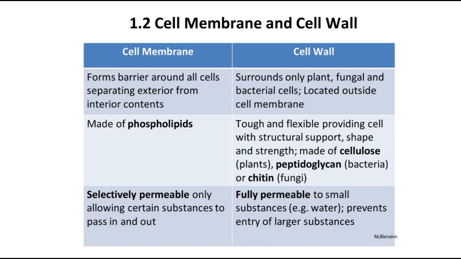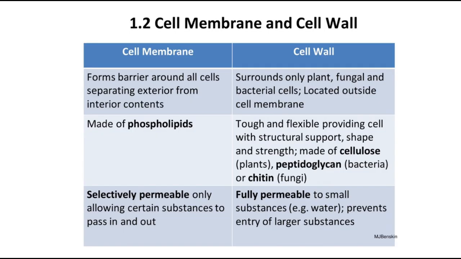I've definitely seen questions where they ask to compare the structure and function of the cell membrane and the cell wall. Because I guess they figure students tend to get them mixed up, but you want to make sure you know the difference. So we know the cell membrane is present in all cells.